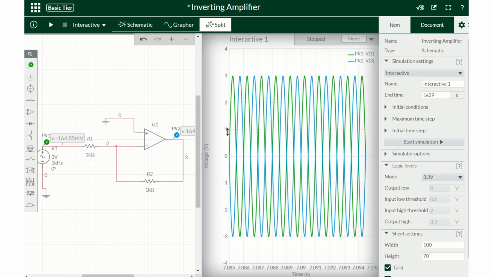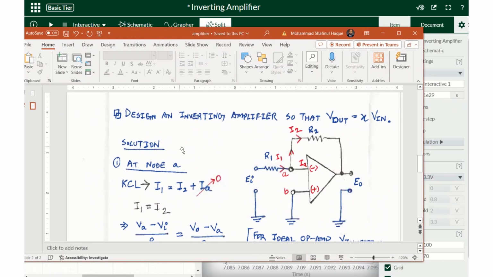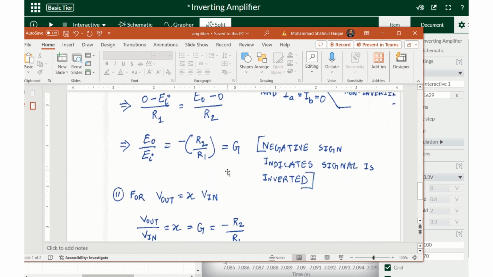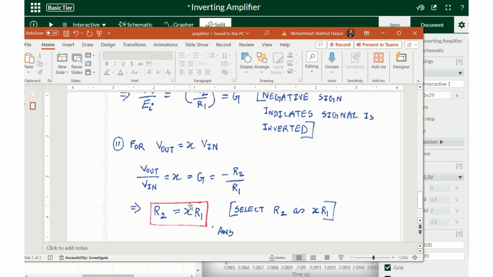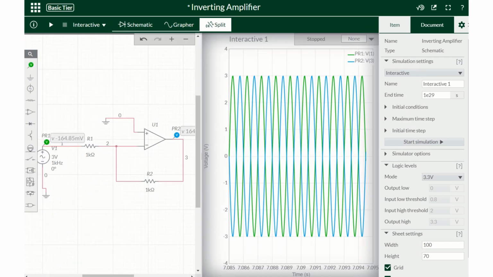So you see the green one is going up, blue is going down. And if we look at our derivation of the inverting amplifier, the gain depends on the ratio of R2 over R1. So in our case they are the same, so the gain should be the same, and that's what we got: the input voltage and output voltage are the same, but we have inverted the voltage.